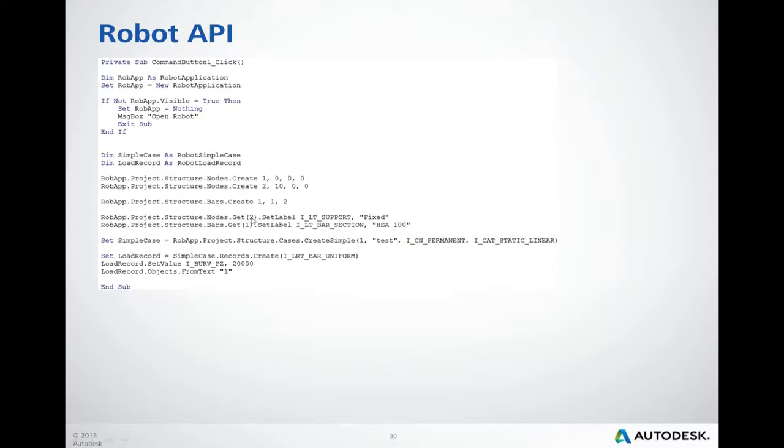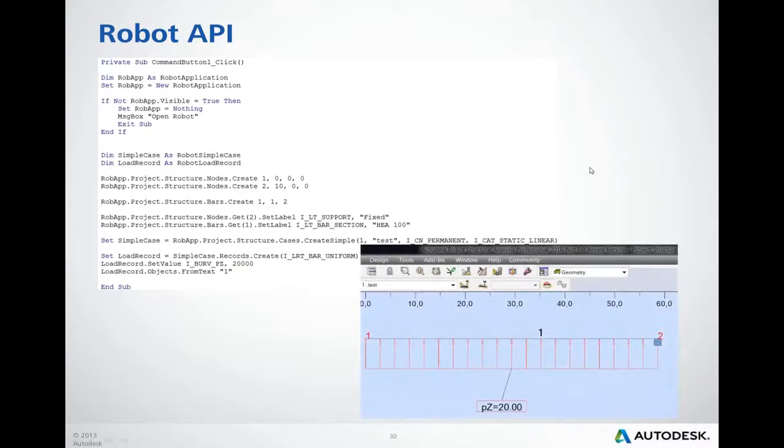For node number 2, the code applies a fixed support. For bar number 1, the section HEA100. Then we can create a simple case here and add a load record, a uniform bar load record with a value of 20 kilonewtons for this bar. So finally we got such a model.